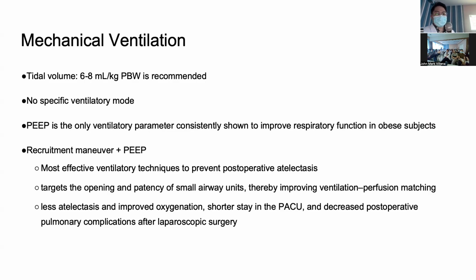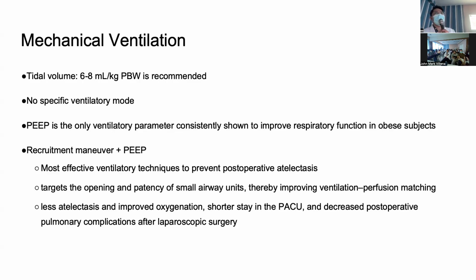Aside from making use of PEEP up to around 10 centimeters of water, in recruitment maneuvers we can give vital capacity breaths.